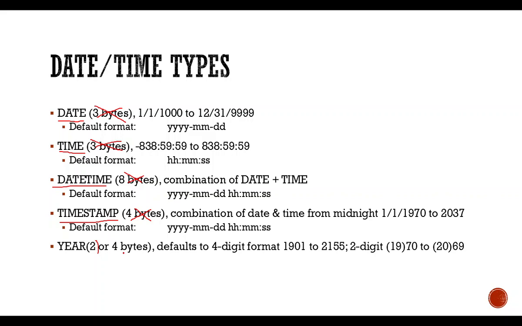Now, these are very useful, as I said, but they have a specific format. So when you go to put literals in, as you'll see, we have to be careful with them. There's also some weird things about the date ranges. For instance, here with timestamp, you'll see that the date range is from 1/1/1970 to 2037. I think that's actually 1/1/2037. That is a weird range, and that leads us to a thing called the 2038 problem, right?